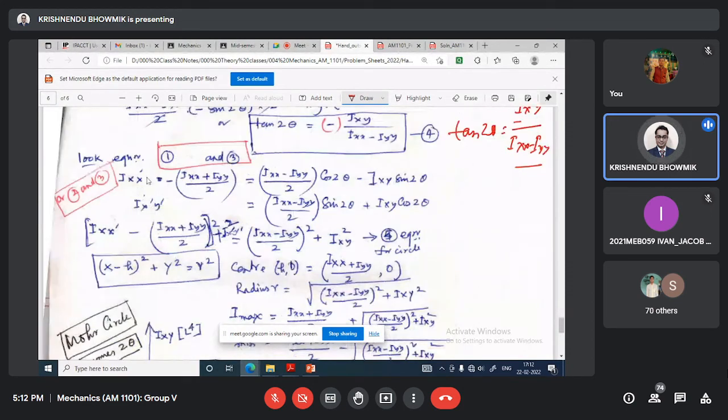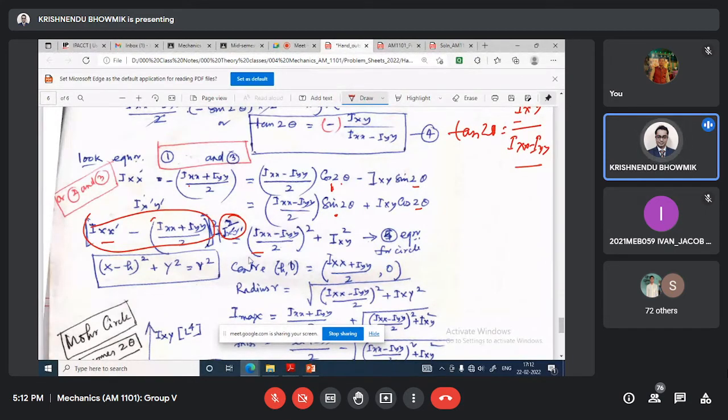Now, if you look into the expression for Ix prime, Iyy prime, and put this, Ixx prime minus (Ix plus Iy) by 2, this one, squared, plus Ixy squared equal to, this will be sin square 2 theta plus cosine square 2 theta. So the theta term will vanish, it will not be there.